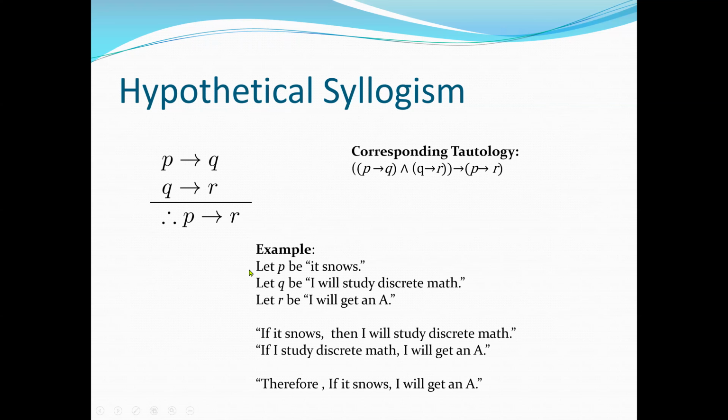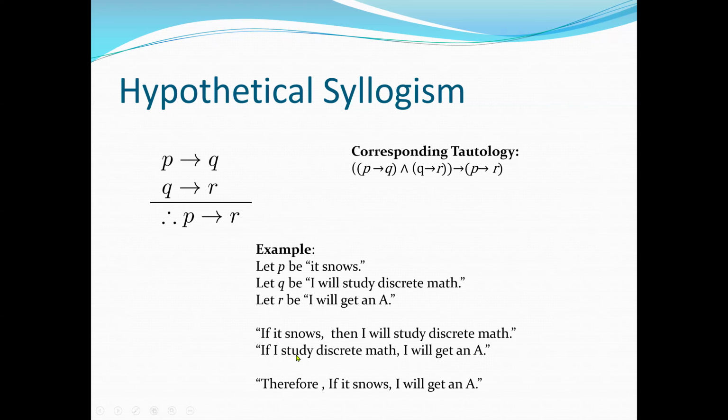A very good one will be our sentences example here. We say let P be it snows, Q be I will study discrete mathematics, and R, I will get an A. So this means if it snows, then I will study discrete mathematics. If I study discrete mathematics, I will get an A. So this means if it snows, I should get an A then.